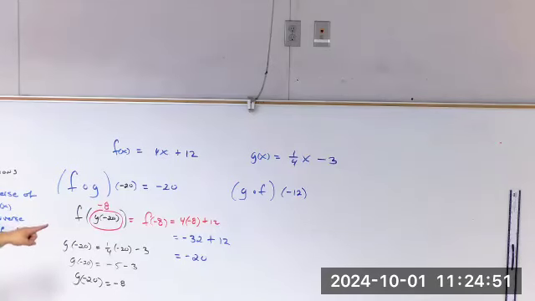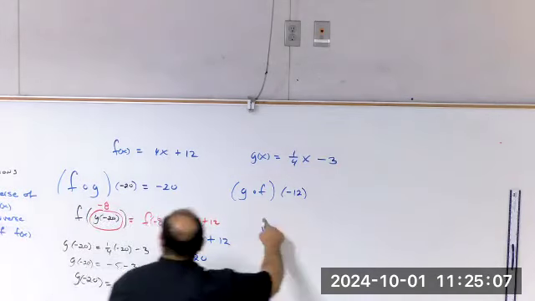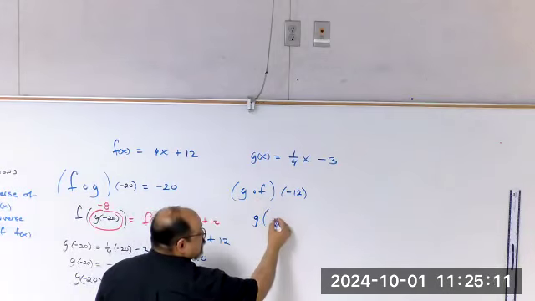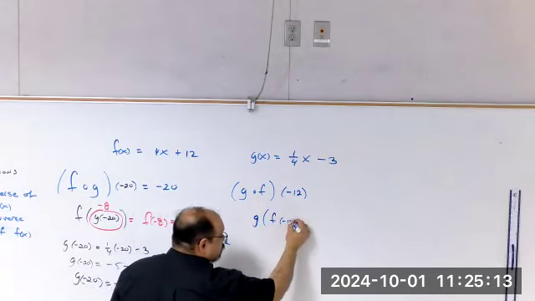So if they're inverse functions, when I plug negative 12 into G circle F of negative 12, I should get negative 12. I should be right back where I started from. So plug it in. First thing we're going to do is rewrite it. This is G of, inside that is F of negative 12.